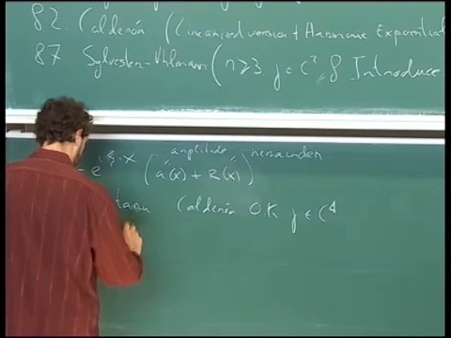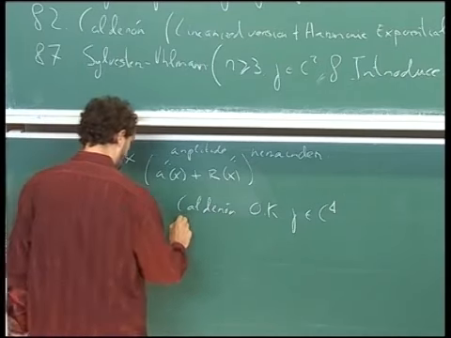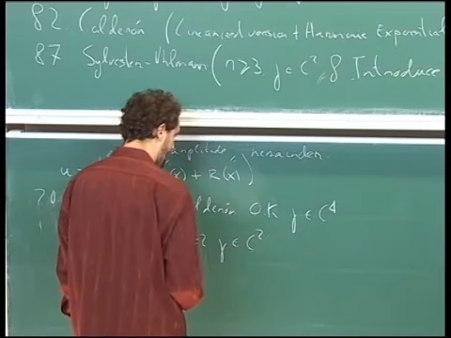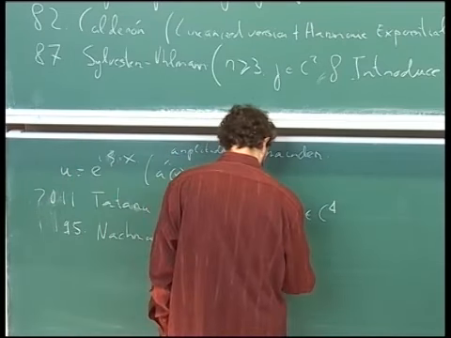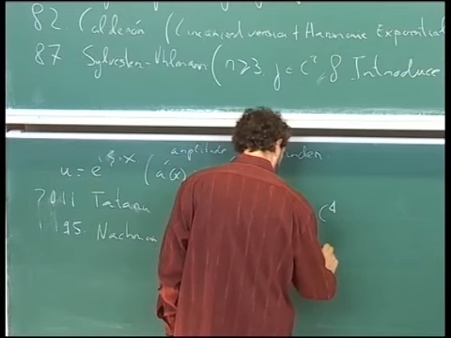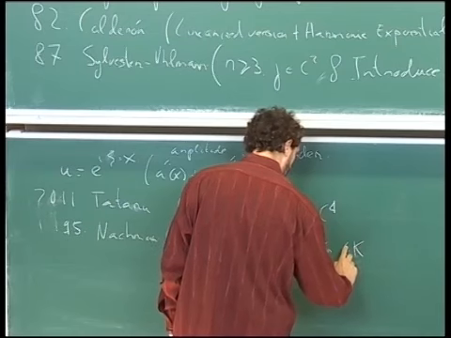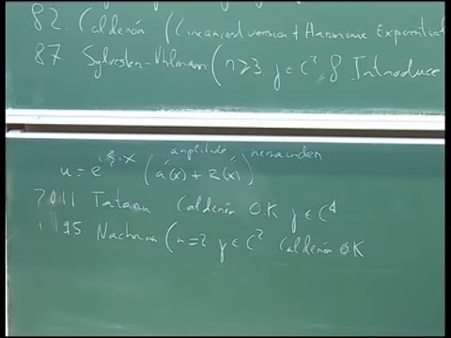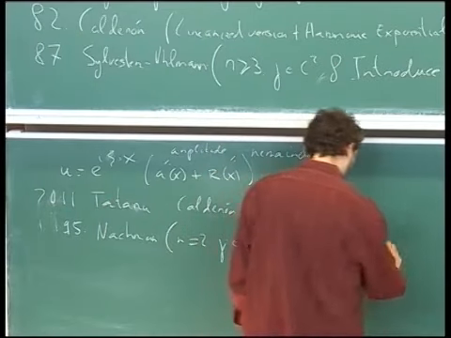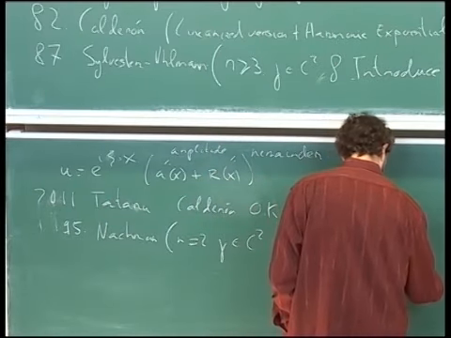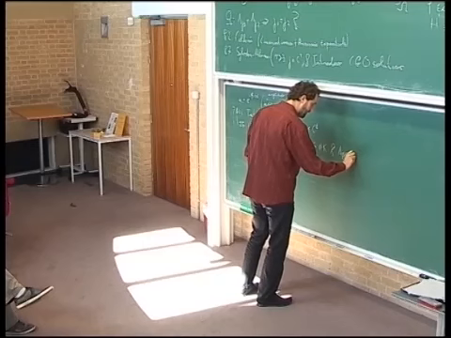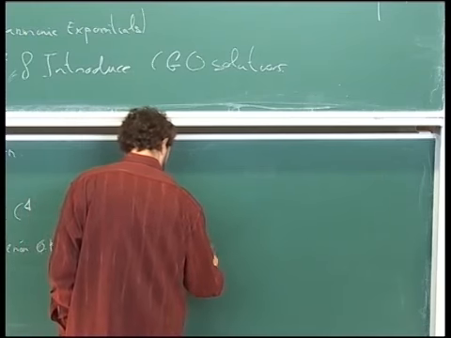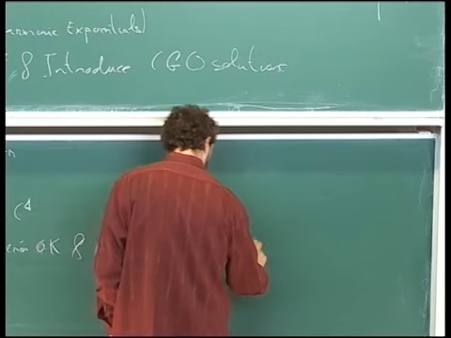So Nachman said n equal to 2, two derivatives, Calderón OK, and introduced a different approach, which is called a scattering transform approach, an approach via scattering transform.